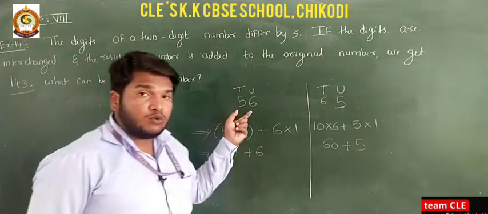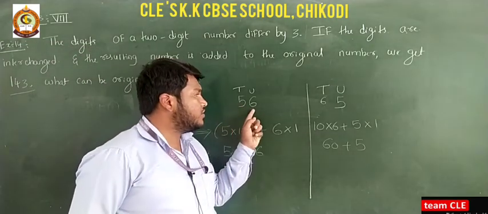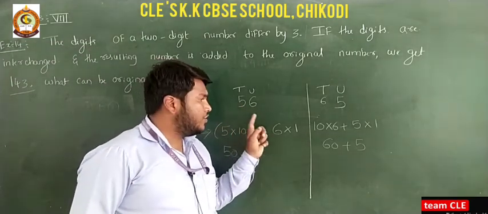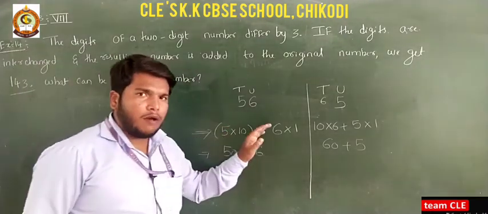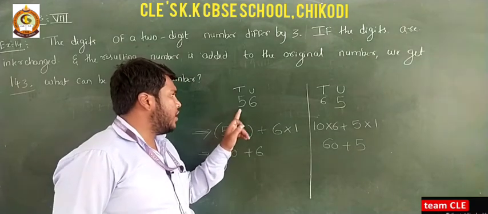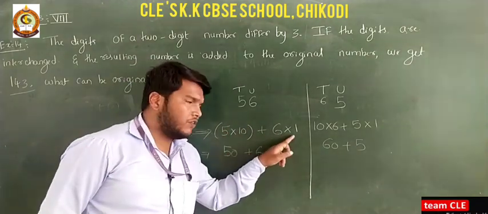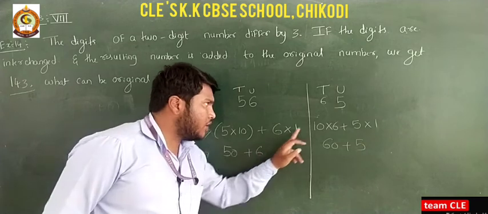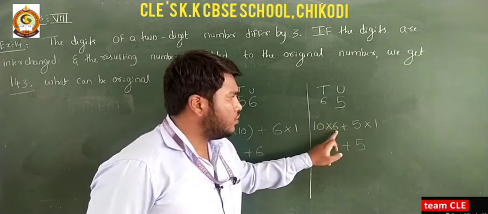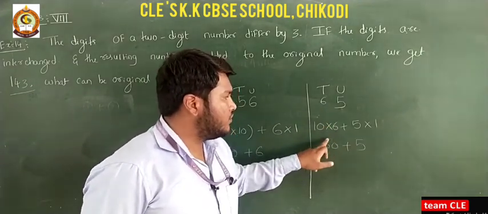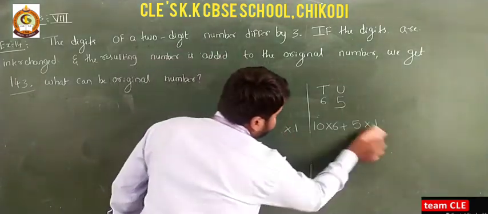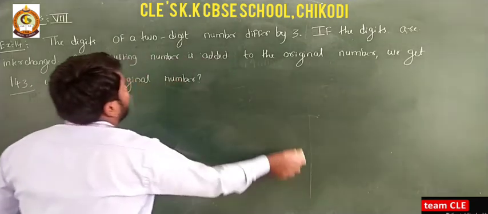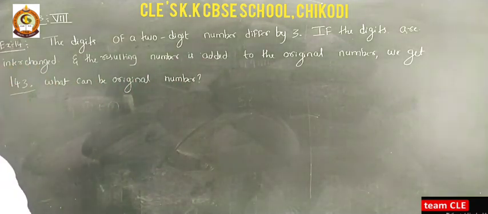If you consider any two-digit number, say 56, and interchange the digits, you get their sum equal to 143. So 56 is 5 into 10 plus 6 into 1, that is 50 plus 6. Similarly 65 is 10 into 6 plus 5 into 1, that is 60 plus 5. Now what does the question say? The digits of the two-digit number differ by 3.